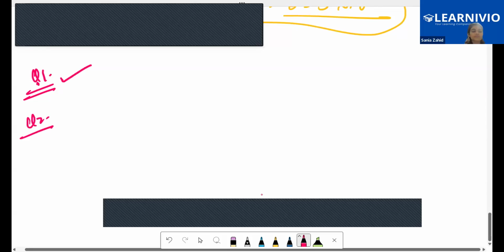The formula of power is... no wait, I remember this one because I did this one quickly. No problem. Think about it. What did you do in the answer?